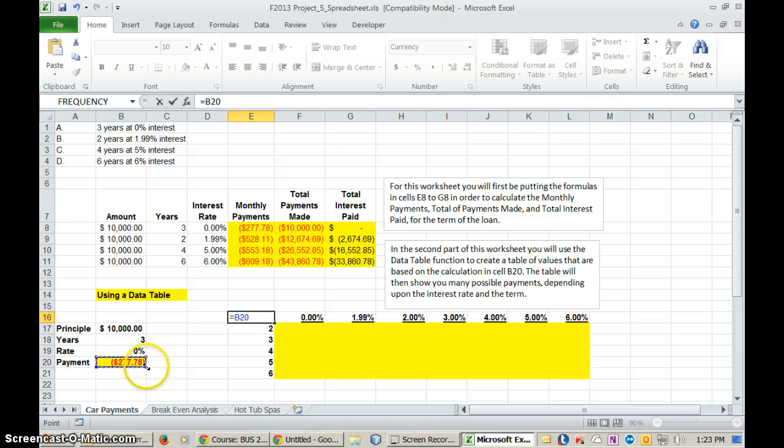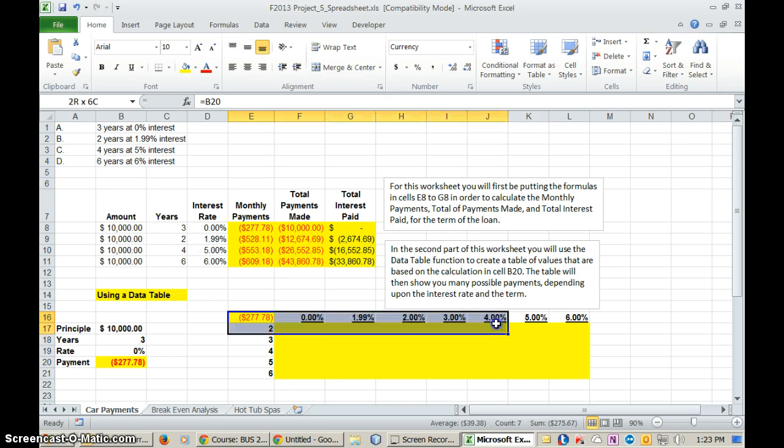This is our result here, 277.78, so simply we say equals B20. That gets entered into this important cell up here. That is the key cell for our data table calculation.